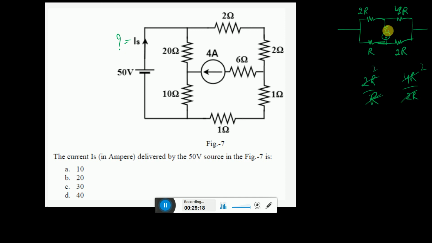If this is proportional, then no current will go through this branch if some external source is applied over here.